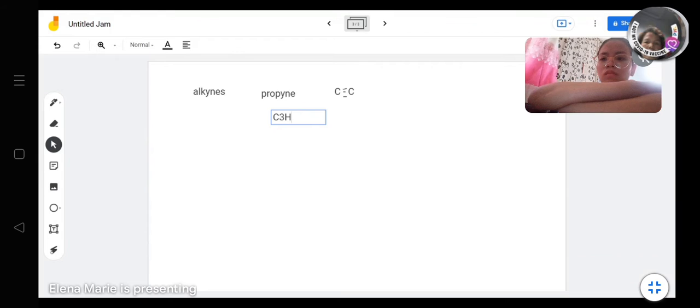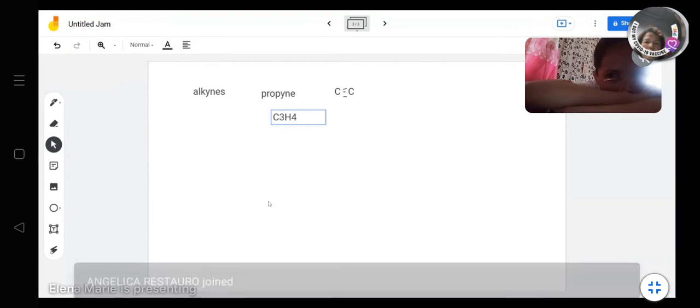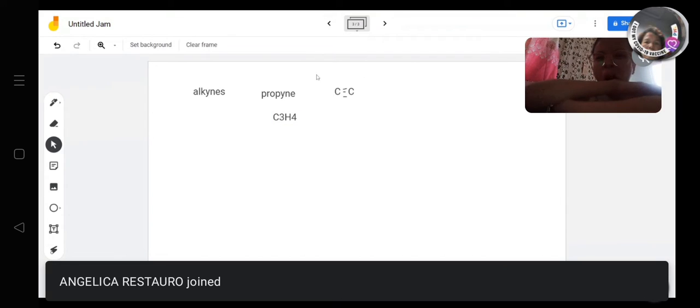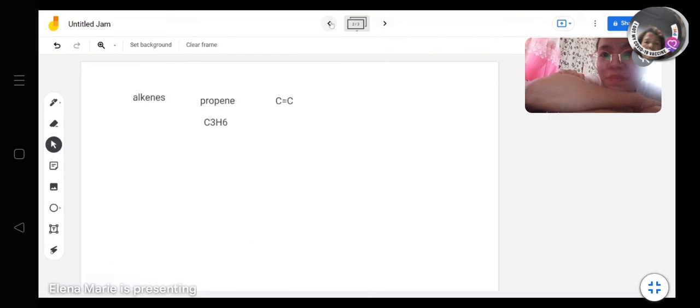Okay, so it's C3H4. So take note of the differences.